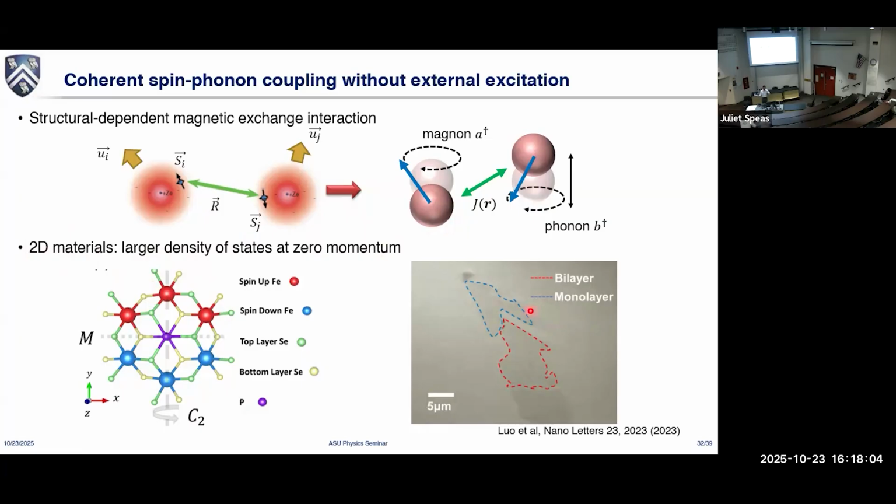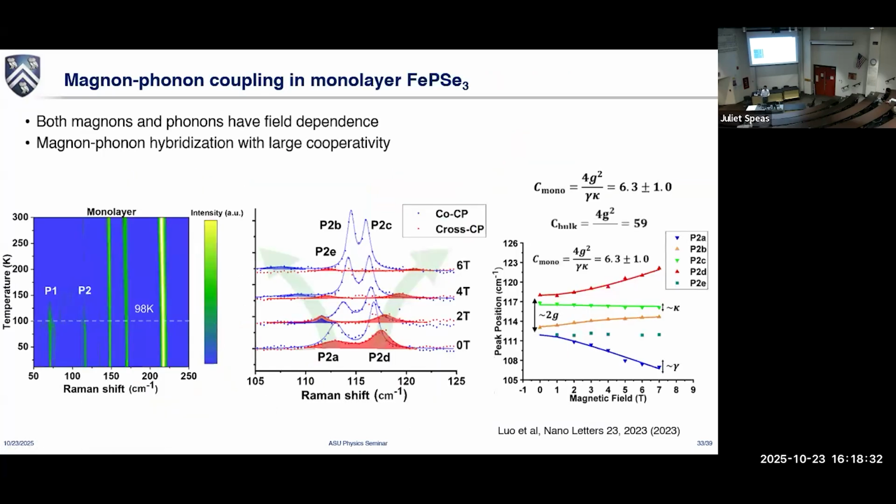Okay, so we're pushing to the limit. We have a piece of monolayer exfoliated from an antiferromagnet. This is iron phosphorus selenide, which has this antiferromagnet structure. So you have half of the iron spins pointing up and half of the iron spins pointing down. And this antiferromagnet has antiferromagnetic magnons, and of course structural oscillations as phonons.